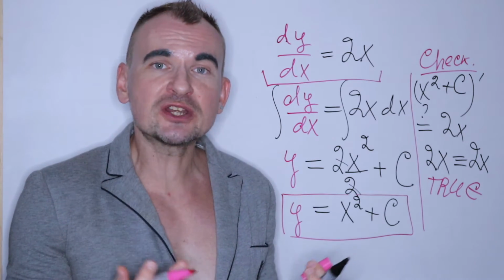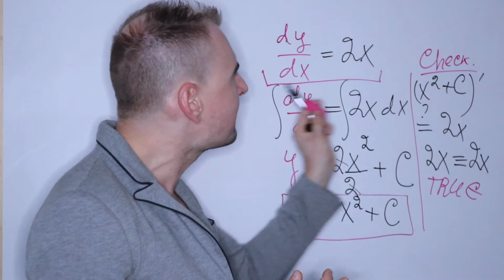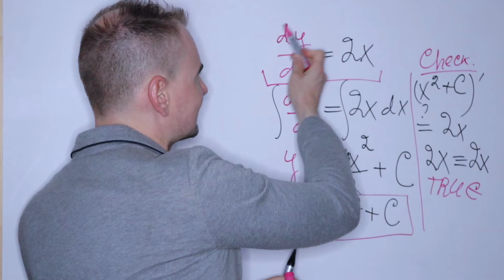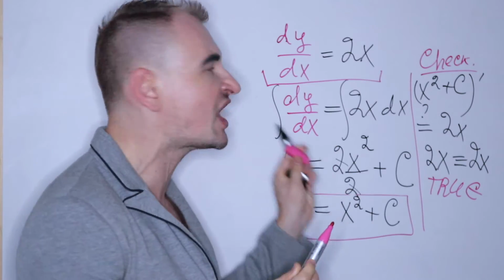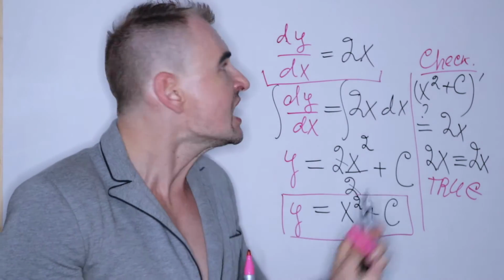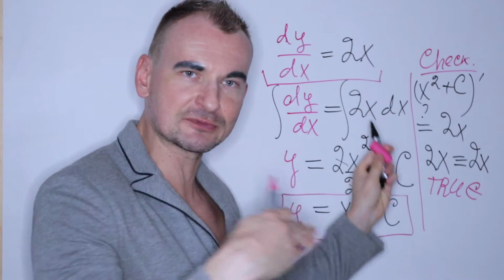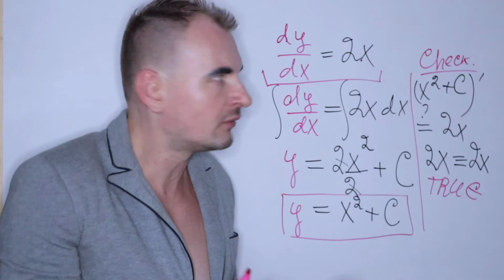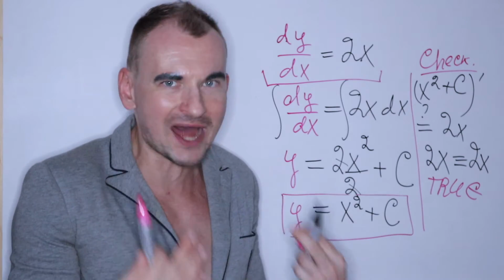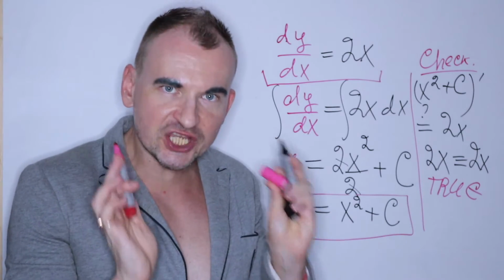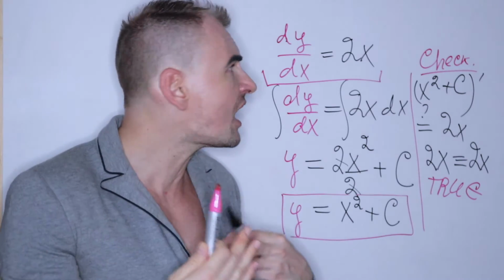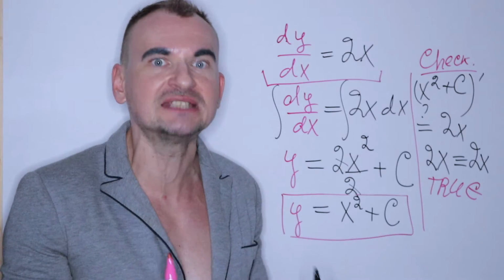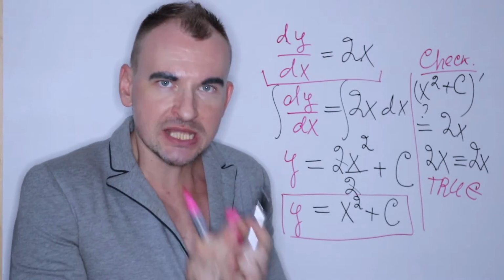Alright, again I'm going to repeat myself. This is a basic type, and if you come across something like this, where you're given just the first derivative on the left side and some function in terms of x or another variable, it could be t or whatever, just one variable, the good rule of thumb is you need to integrate both sides with respect to that given variable.